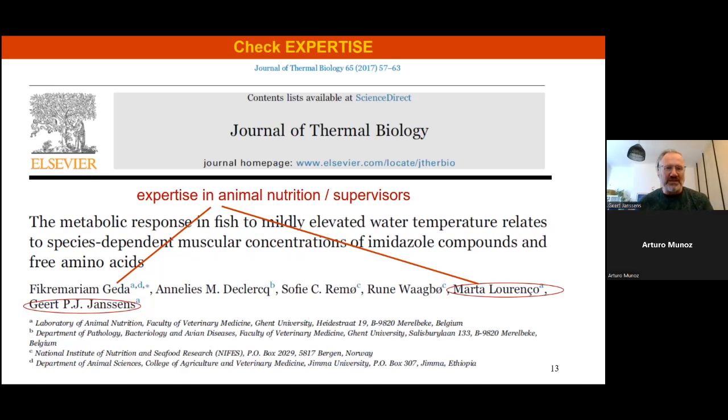We have expertise in animal nutrition. We were also supervising the Ethiopian student. So you see, we have Belgium, we have Norway, we have Ethiopia all involved just because we have been looking around the globe for who can help us with this study. And this is not an exception. This is a standard for most of the studies we do.